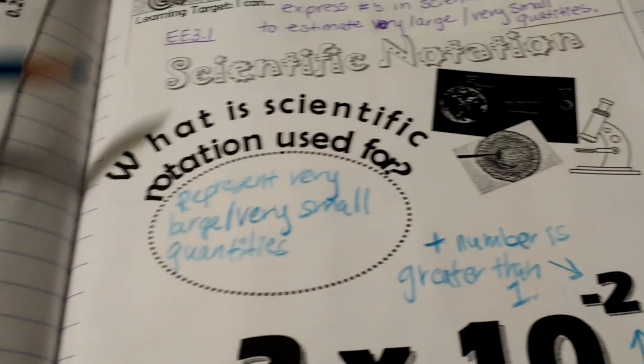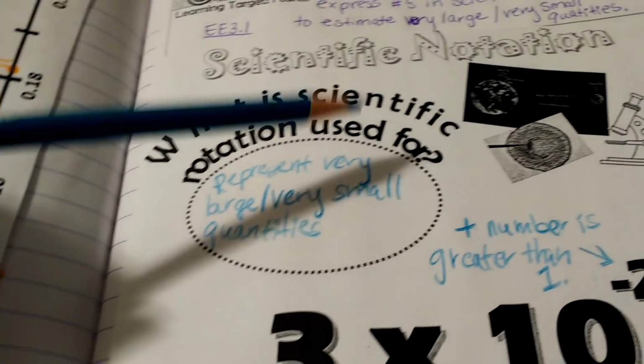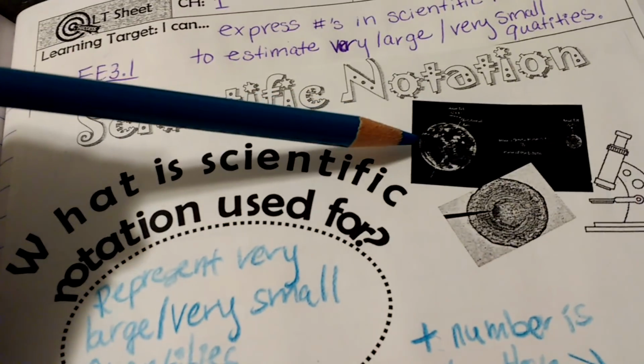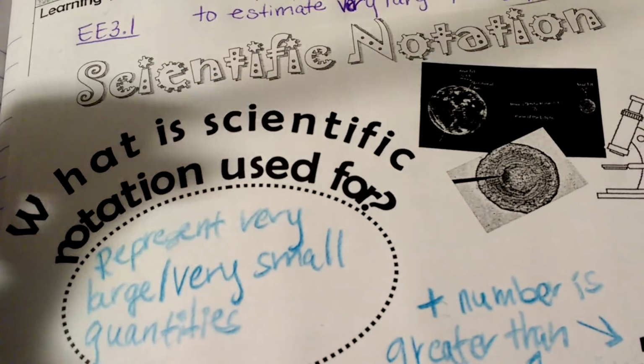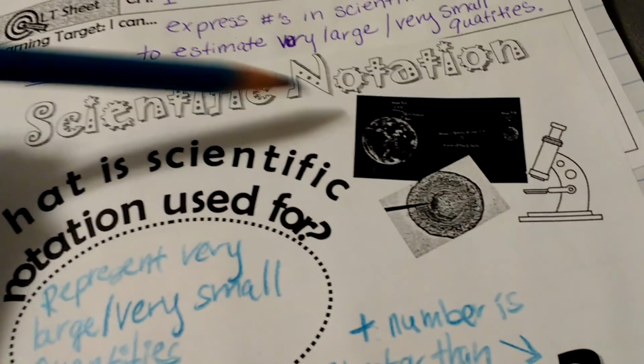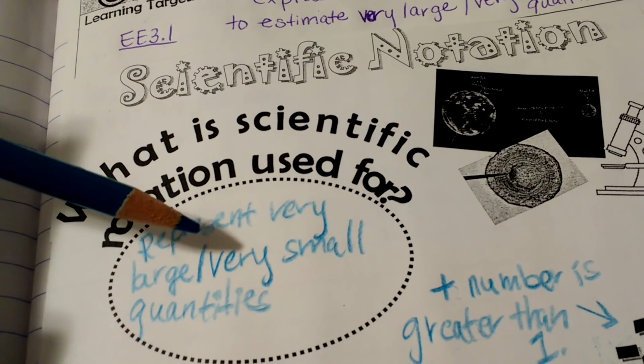So scientific notation. What is scientific notation used for? You can see that I have a picture of the Earth and the distance between that and the moon. It's used to represent very, very large quantities.